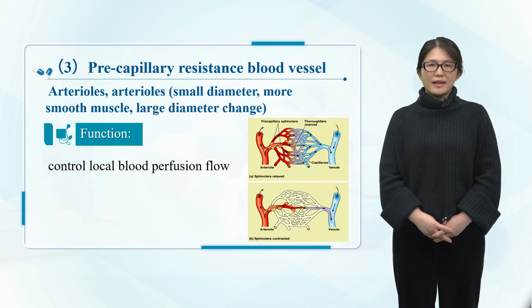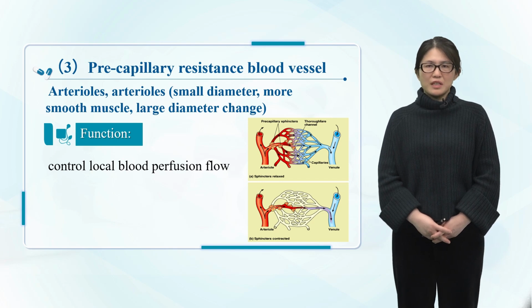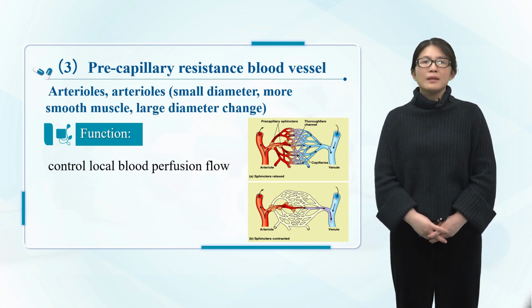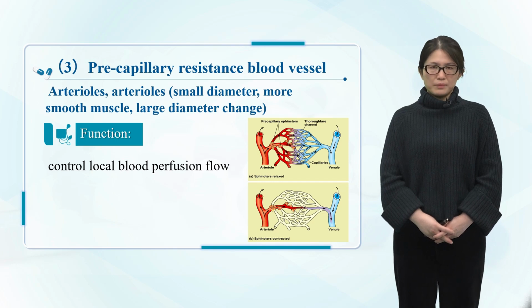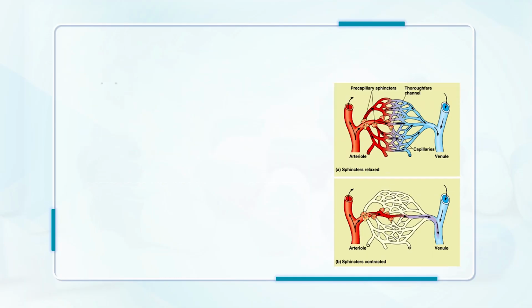Their diastolic and contractile activities can significantly change the diameter of blood vessels, thereby changing the resistance to blood flow. The blood flow of organs and tissues is of great significance to the maintenance of arterial blood pressure.